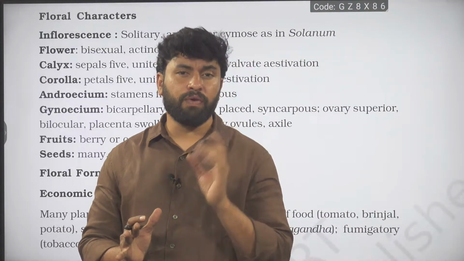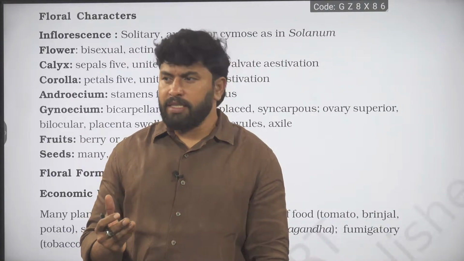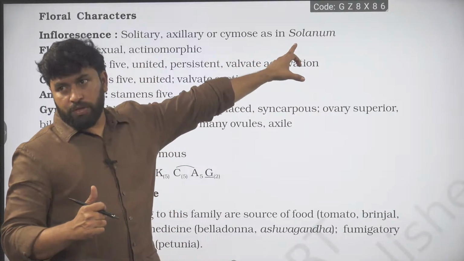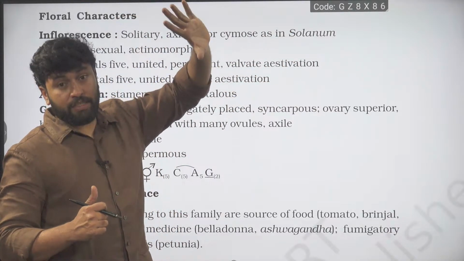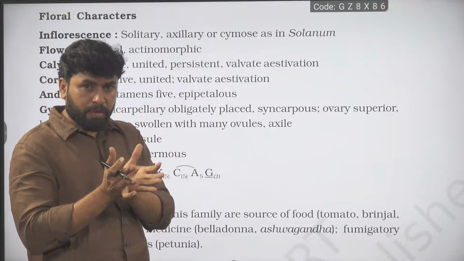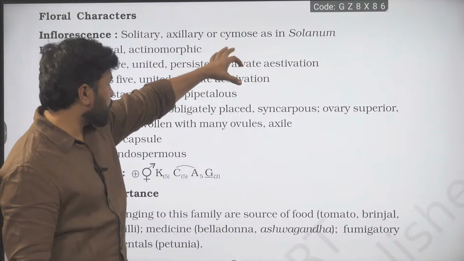Single flower inflorescence. Sometimes it would be cymose, as in our Solanum. Cymose inflorescence is where the axis ends with a flower, and the young flowers develop at the bottom of the main flower. That's called cymose inflorescence.